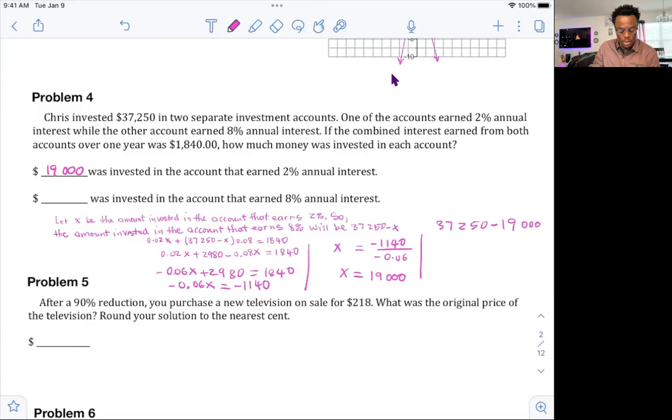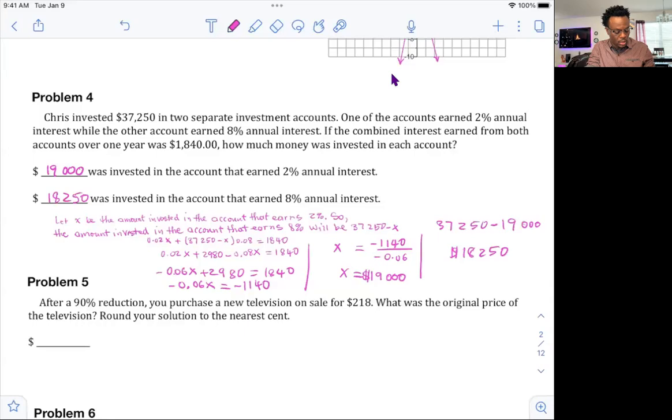So that will give me 18,250. And then let's add them to see if both of them give the total amount that was 37,250.